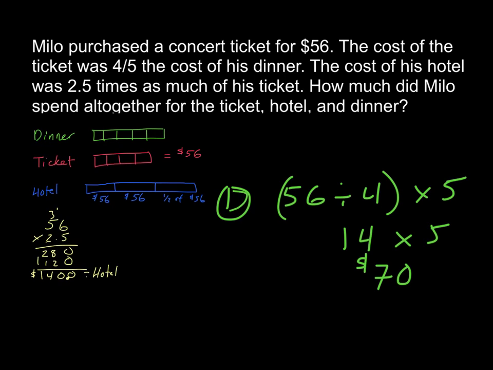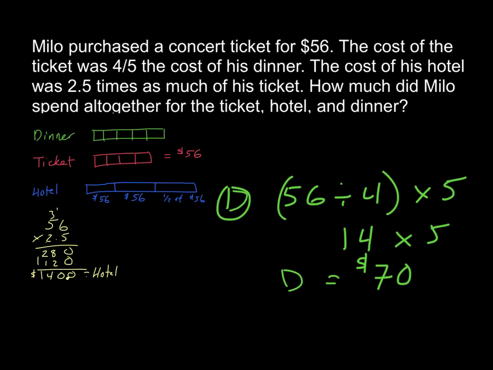To figure out how much he paid for the dinner, I took $56 and divided it by the 4 units that we had for the ticket, and then multiplied it by 5 for the 5 units that we have for the dinner, showing that 1 unit for the ticket and dinner is $14, and there are 5 units for dinner, so 14 times 5 is then $70 for the dinner.